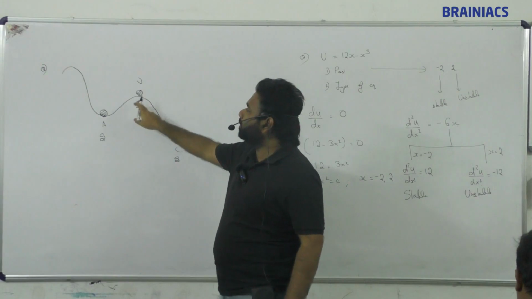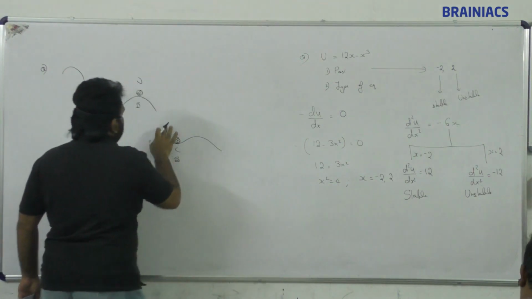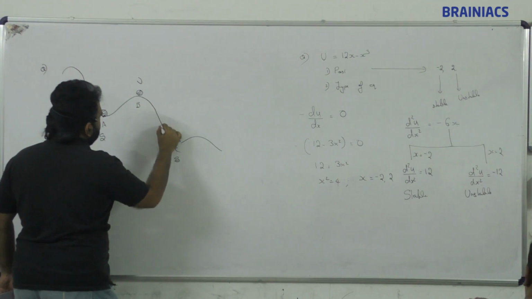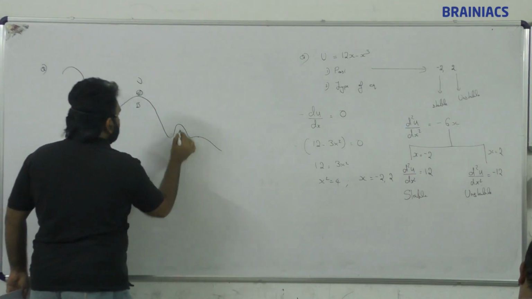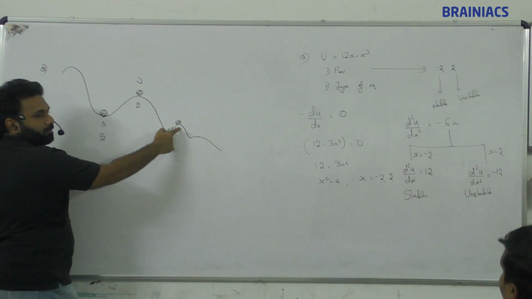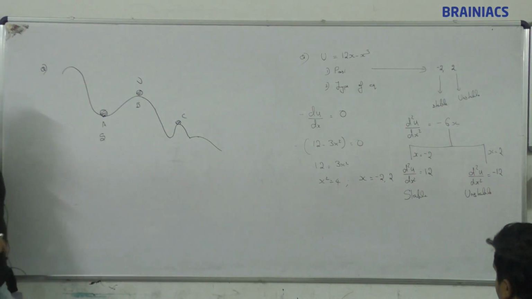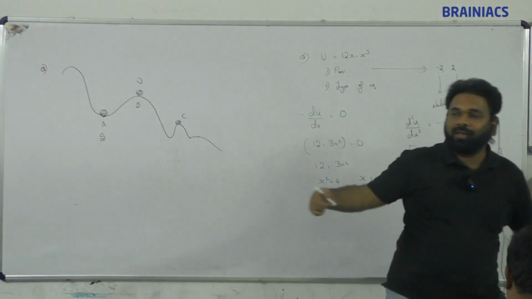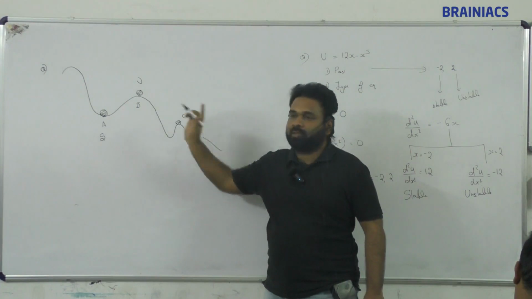Even though the potential energy of this one is greater than this one, still, this is the stable equilibrium, because this all depends on the local maxima, local minima. Such a concept is also there. So this is unstable, that is stable equilibrium.